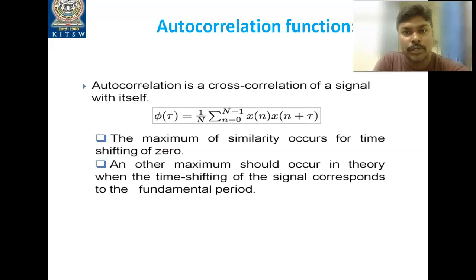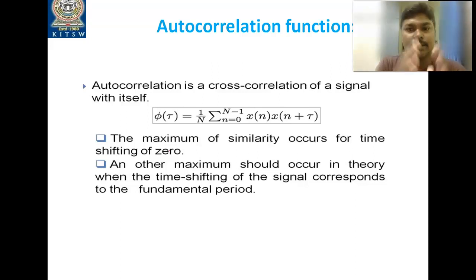So what is the autocorrelation function? As we already know, what is a correlation? When we take two sequences, for instance x of n and y of n, we are going to be seeing the similarity of the two sequences.